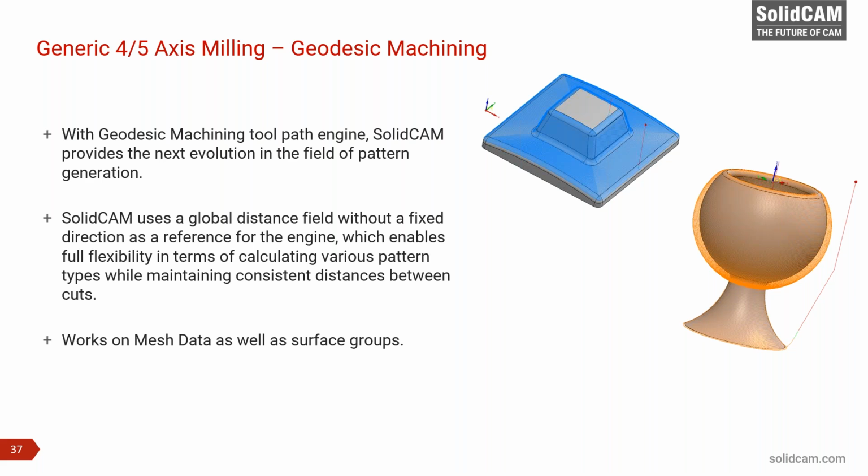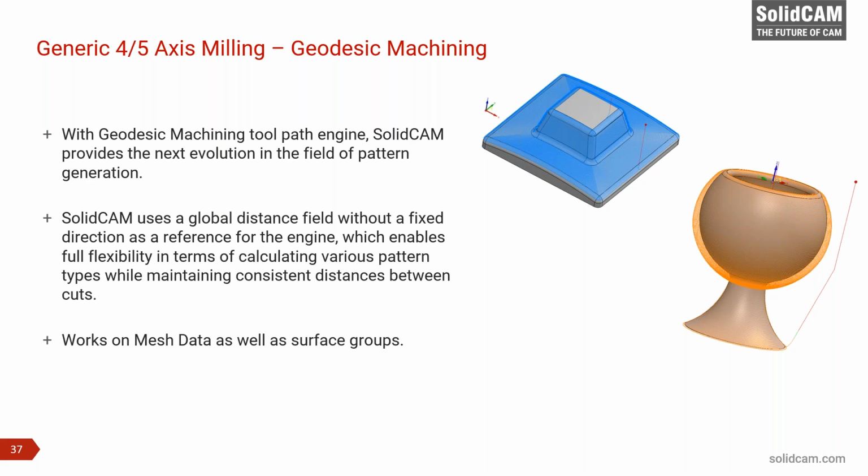So when you have a vertical wall, you actually get much bigger spacing between the passes. In 5-axis, it will always look perpendicular to the tool axis. Whatever tool axis you have used, it will always look perpendicular to the tool axis and generate the pattern. But in geodesic, it doesn't use any fixed direction as a reference, but it always looks normal to the surface to generate a distance between the two patterns.